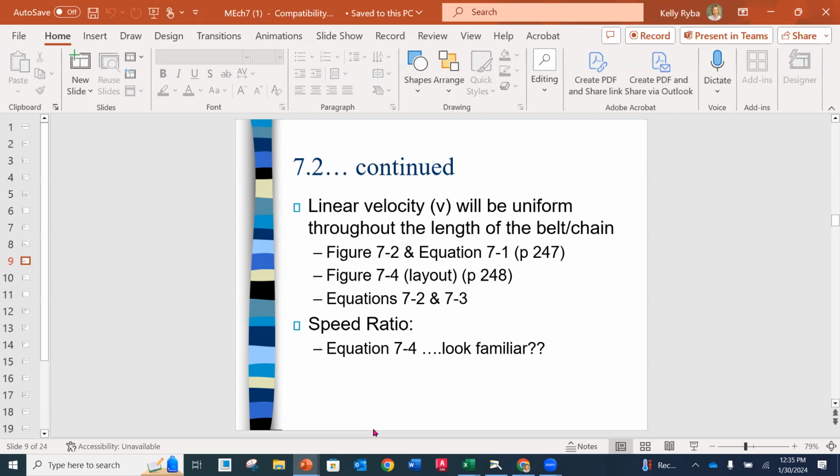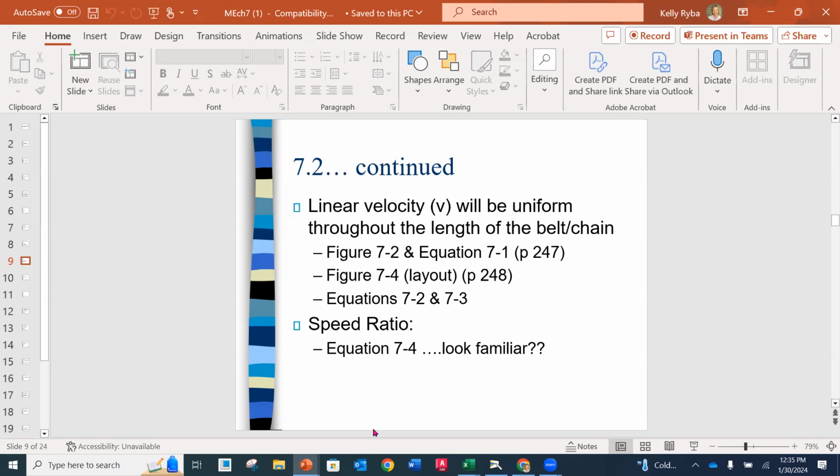Most often you want to know how fast that input, the high speed shaft or the high speed element, has to go in order to get the output to go around once. So we hear terms like 2-to-1 ratio, 5-to-1 ratio. It doesn't have to be an even number. It can be 2.5 to 1.